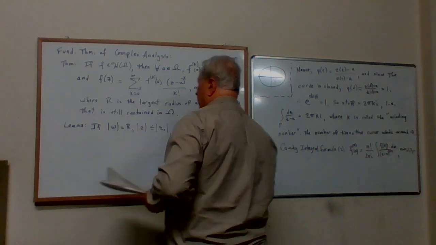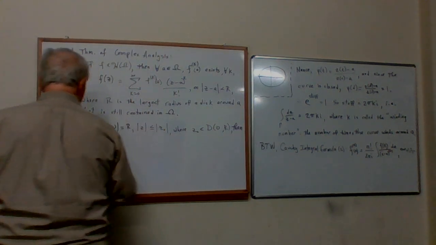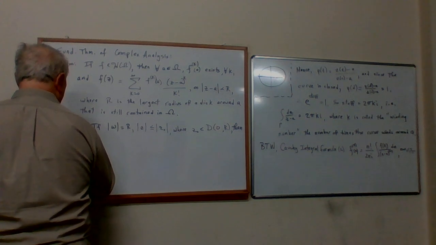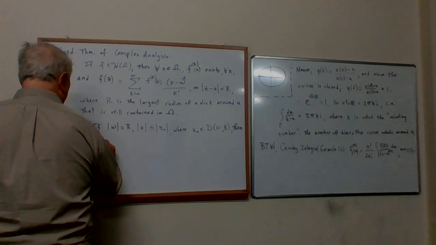Then I have a formula for 1 divided by w minus z.